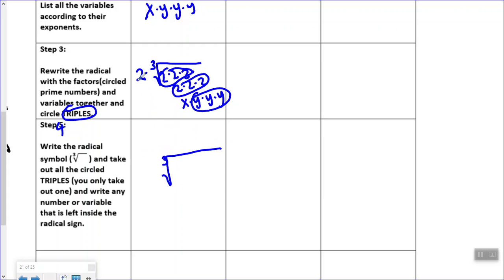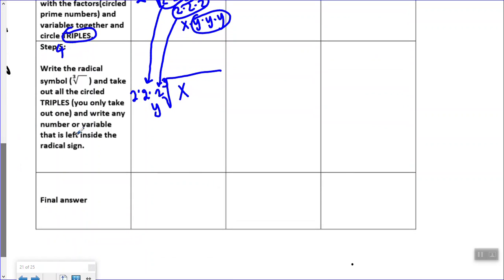And before you take it out, I'm going to bring down this 2 because it's outside the radical symbol. And I'm going to bring down 2 here and 2 here. And we have y, so I'm going to bring down y. You see inside it's a triple. When you take it out, you just take out 1. And x stays inside.